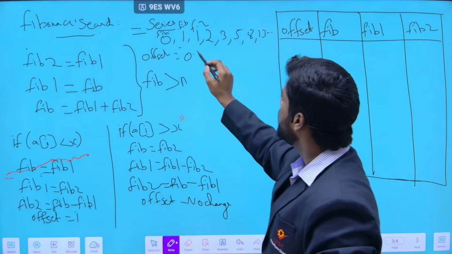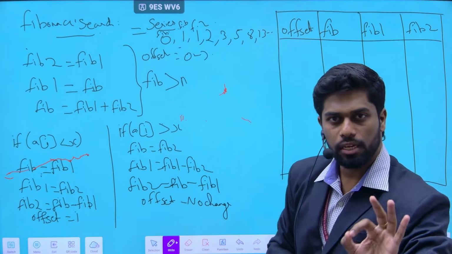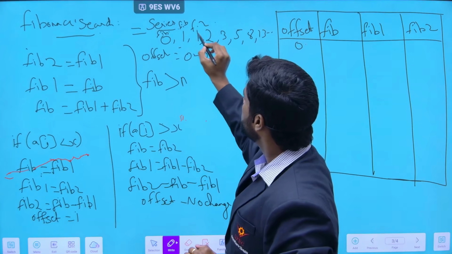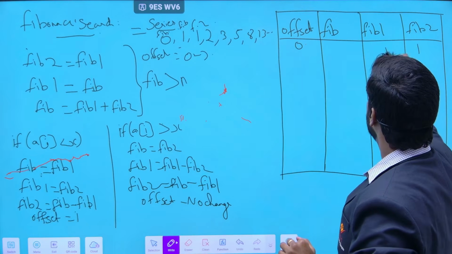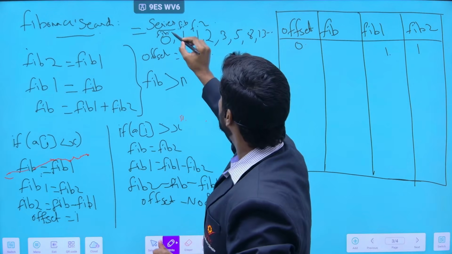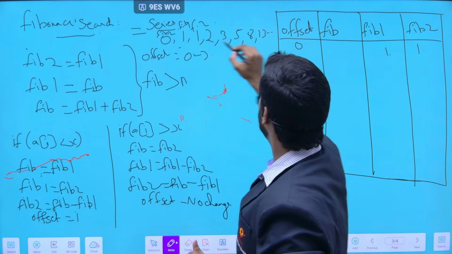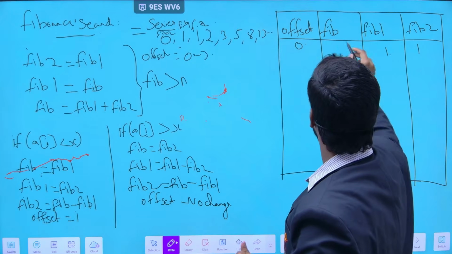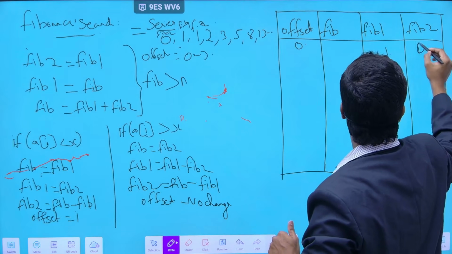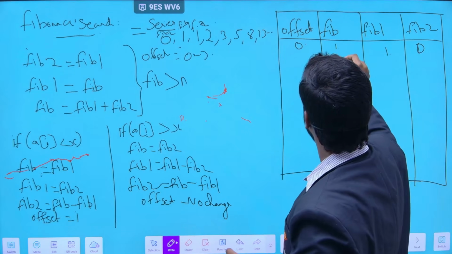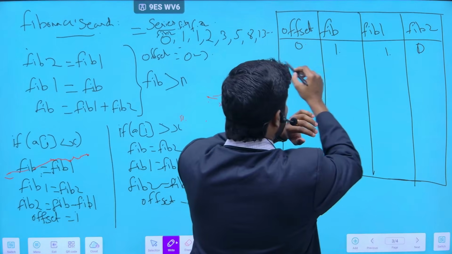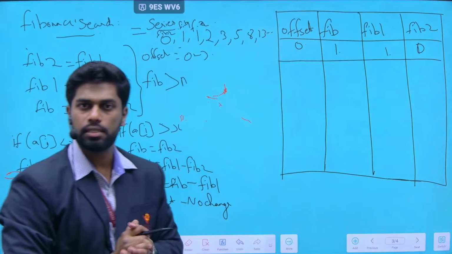As of now, initializing offset equal to 0, fib 2 equal to 0, fib 1 equal to 1, and fib equal to 0 plus 1, 1. This is the first step for Fibonacci search.